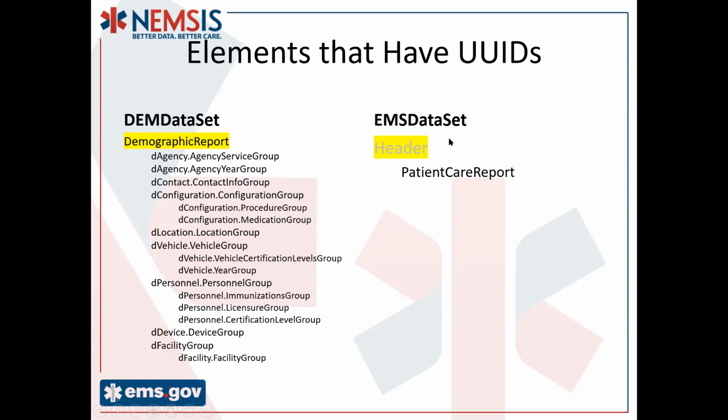It has state, agency ID, agency number, those three elements. So we had UUID on demographic report, but not on the EMS dataset header. And we think that we need to reconcile this by either removing it from demographic report or adding it to the EMS dataset header. So it's either used or not used in the same way in both data sets.